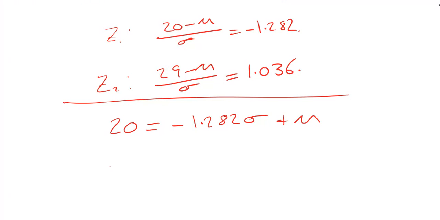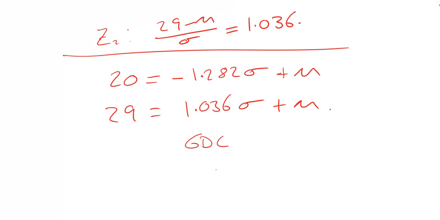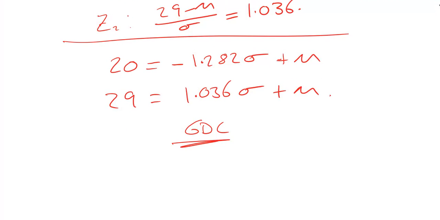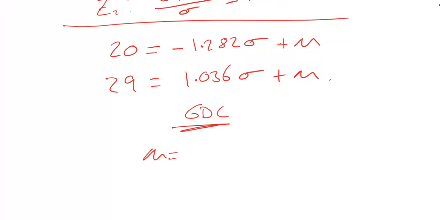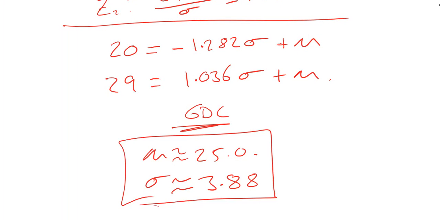And we can also say that 29 is 1.036 times the standard deviation plus the mean. From here, we can use the calculator. We can do a GDC solve, using the PolySmlt application on the calculator, and this will help us get the answer. We can see the mean is approximately equal to 25.0, with the standard deviation approximately equal to 3.88. And we're done.